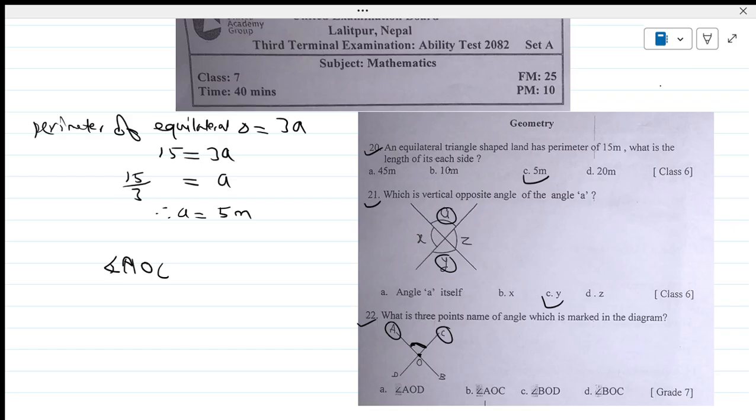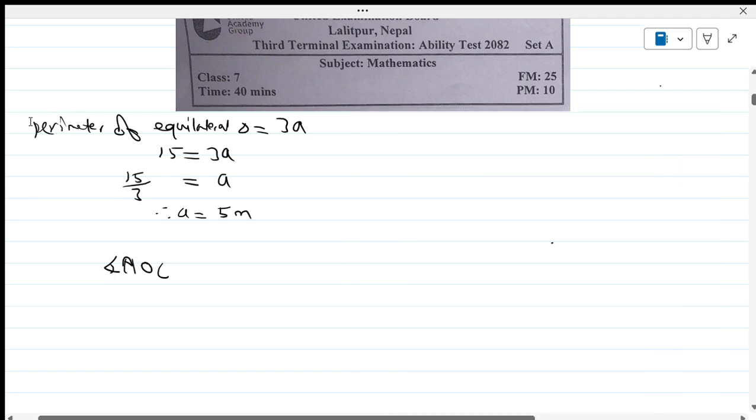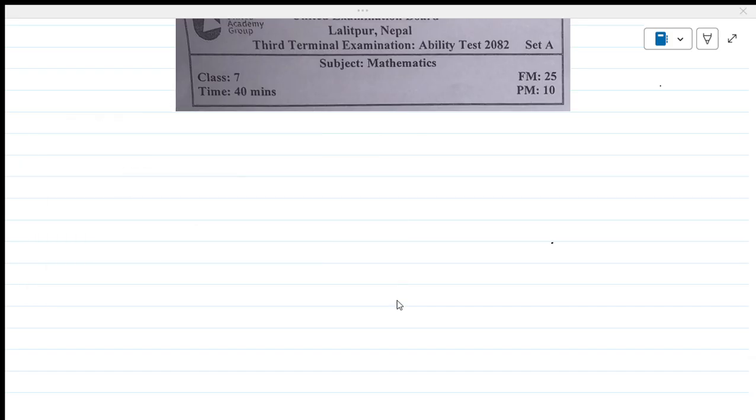So this angle is angle AOC, so at B you have to mark, right? Now up to 22 number is done. Now go to remaining numbers. Okay, up to 22. Now let's go with 23.